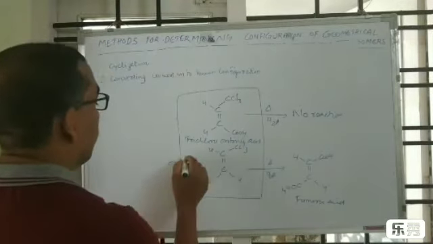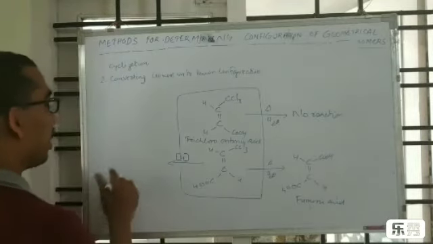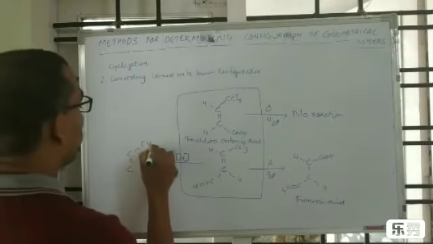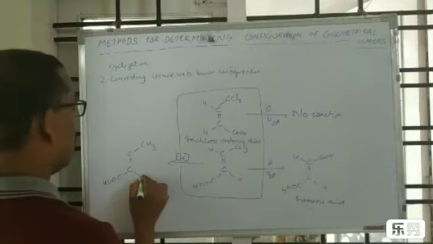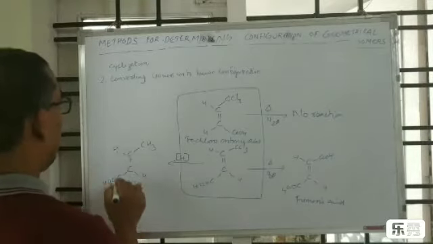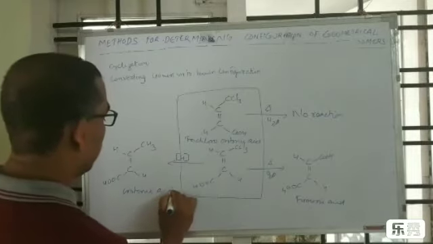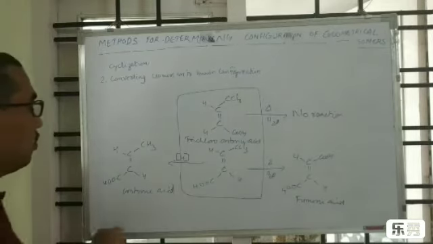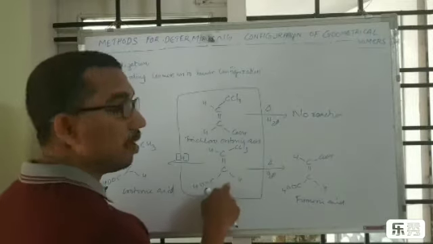Then by reduction, trans isomer will give crotonic acid, which is a trans isomer. So we will assume the reactant is trans.